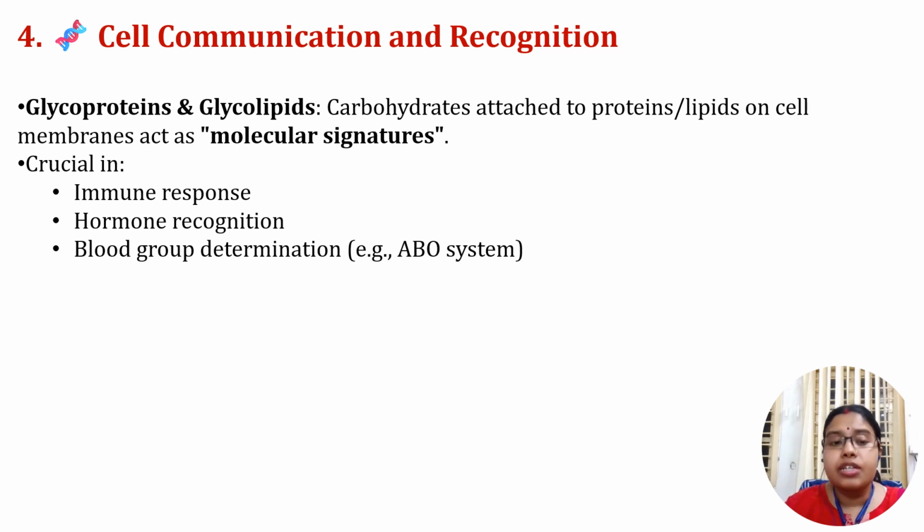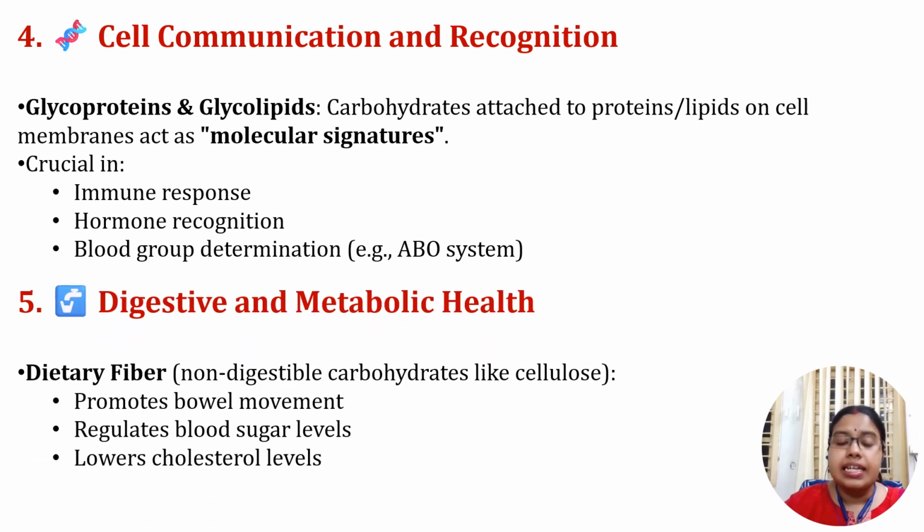They play a crucial role in immune response, hormone recognition, and also blood group determination. Next, it is also helpful for digestive and metabolic health, because dietary fiber, that means non-digestible carbohydrates like cellulose, helps bowel movement, regulates blood sugar level, and also lowers cholesterol level.